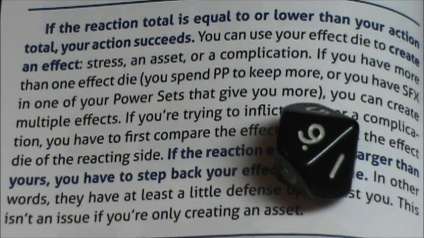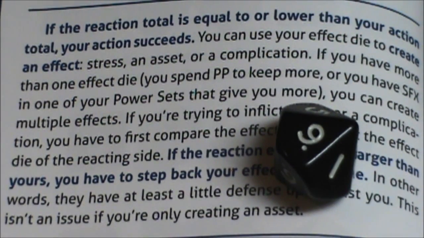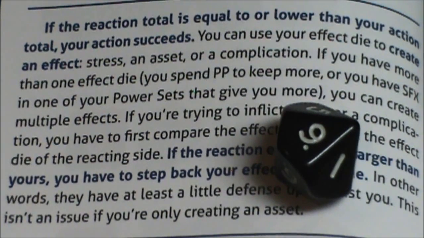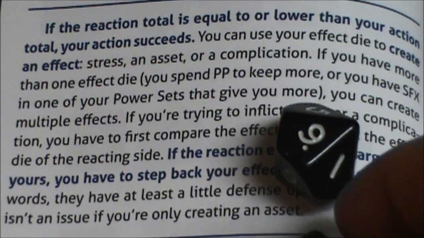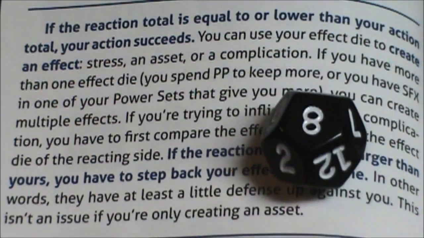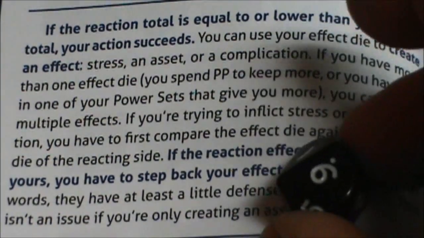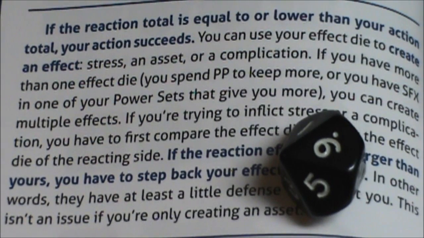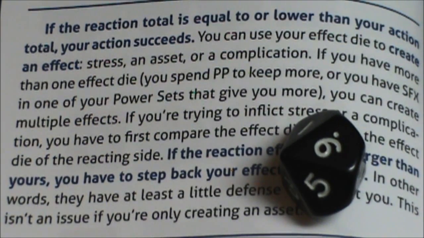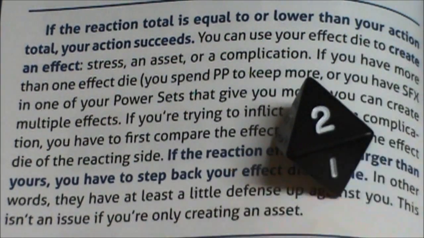It's going to do a D10 in damage or stress to you. And let's say somehow you manage to roll not good enough to beat Carnage's roll, but you happen to have an effect die of D12. Well, that is going to somewhat soften the blow. So maybe you didn't completely avoid it or block it, but you kind of took some of the fire out of it. So that's going to be reduced 1 step to a D8.